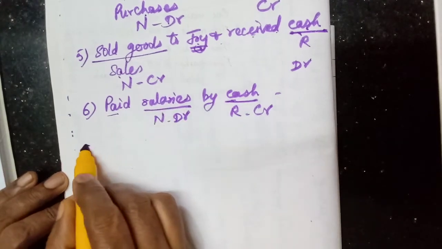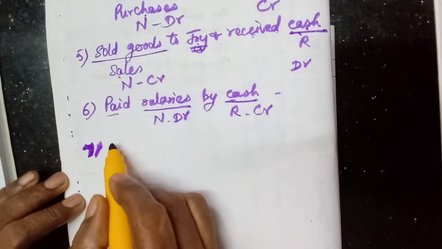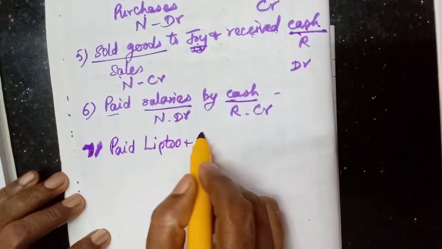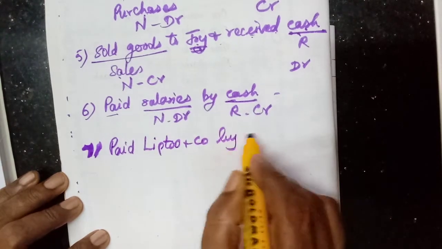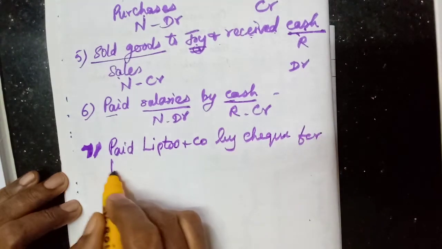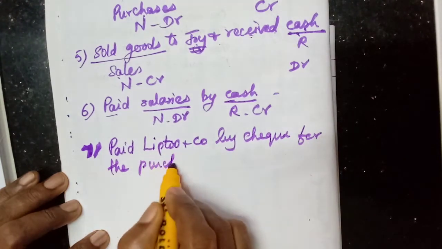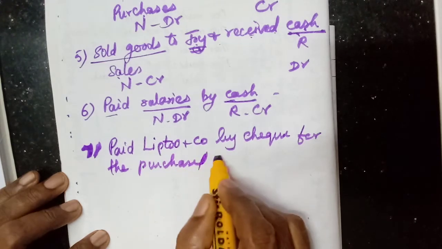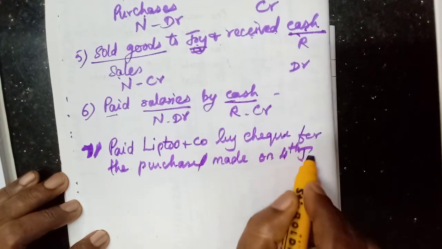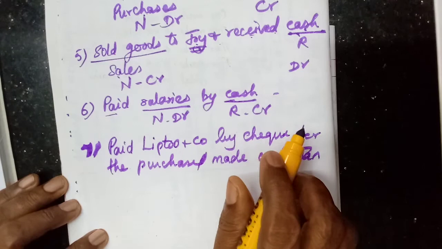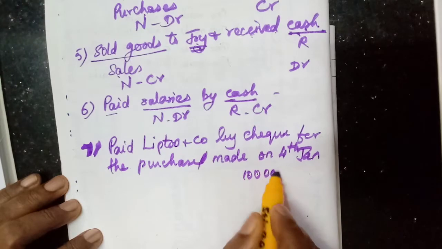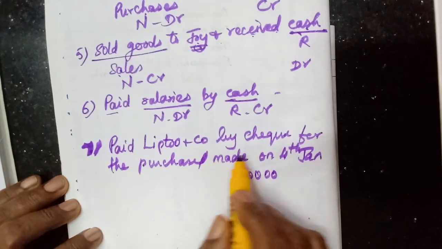Now the seventh one, paid Lipton and Co. by check for the purchase made on 4th January. On 4th January we made purchases for 10,000, because here the amount is not given. Now we paid by check.